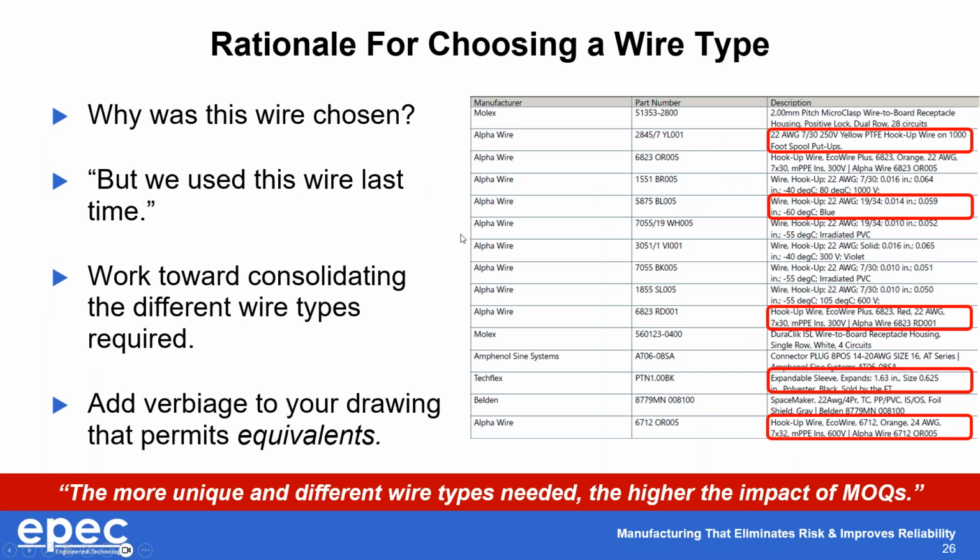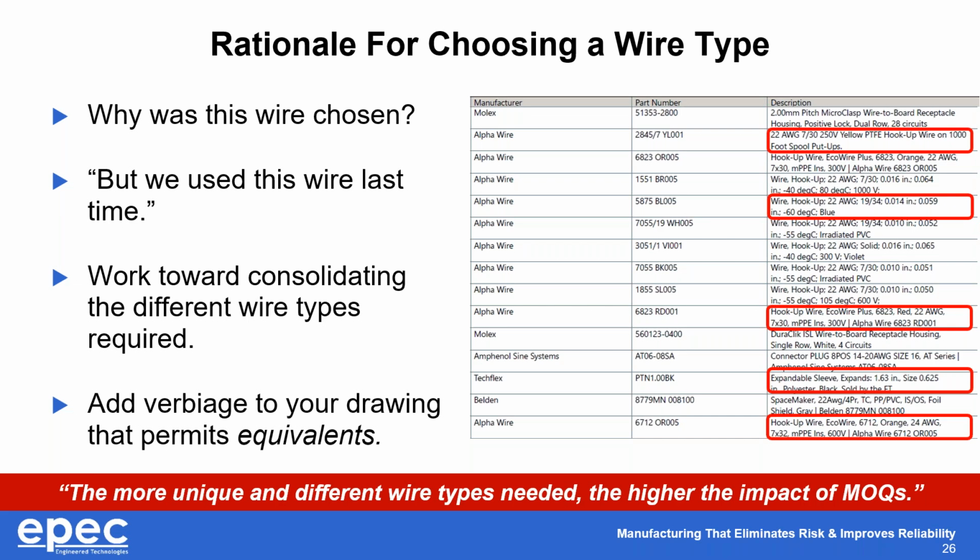The next thing we want to touch on is the rationale for choosing a certain wire type. Here at Epec, we receive hundreds of requests for quote every month. Some of these requests for quote come in with very unique design requirements. Sometimes that's intentional, sometimes it's accidental.